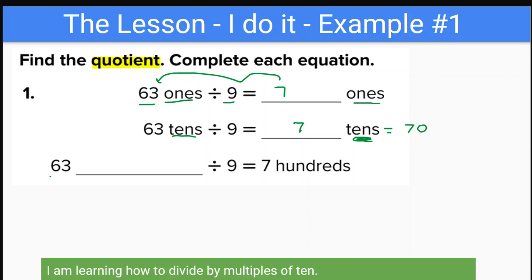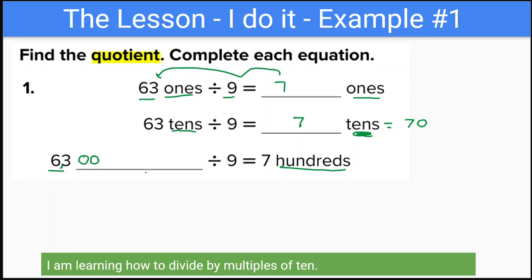And here's the last one right here. 63 something divided by 9 equals 7 hundreds. Well, it's going to be hundreds right here also, 63 hundreds. Now, if you wanted to, you could just put 2 zeros because we know that anytime there are 2 zeros, that means hundreds. Okay, and so the answer would be 6,300. Kids, right now you're learning how to divide by multiples of 10.